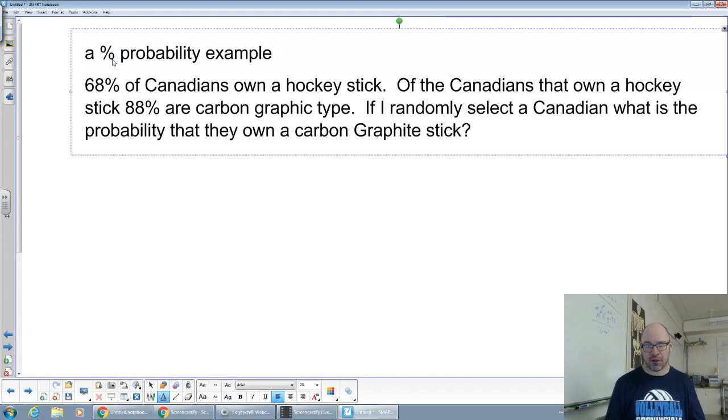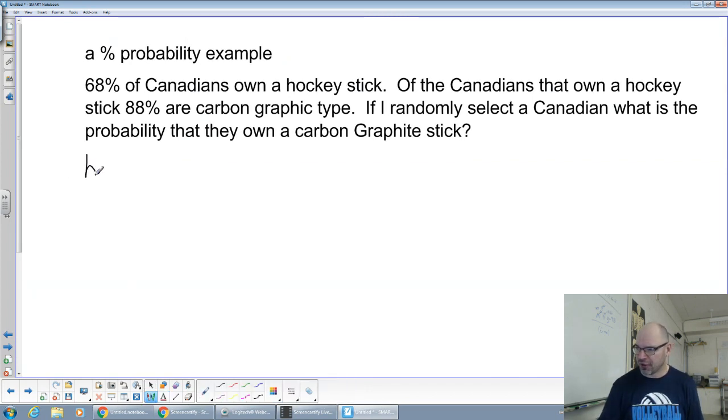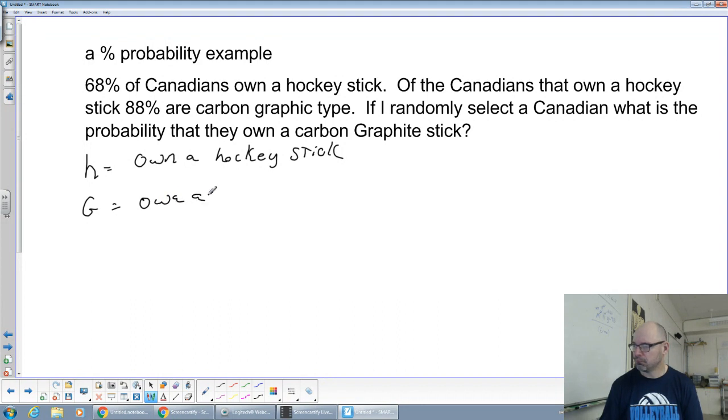So what do we know here? Let's say that for all Canadians, the probability that you own a hockey stick is H. Probability that it's graphite is G. Okay.